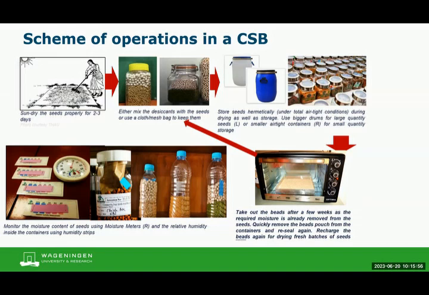So it is always advisable that you use any kind of a pervious material like cloth, paper, mesh, even net bags, so that moisture migration can happen. So water from the seeds will come to the air, and again from the air will come to the beads. So you should not put those beads in a plastic pouch, because then the purpose will not be served.